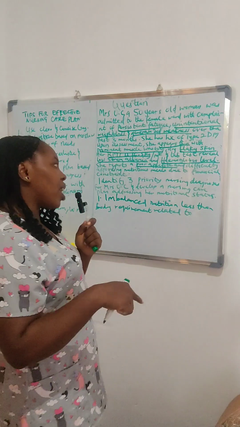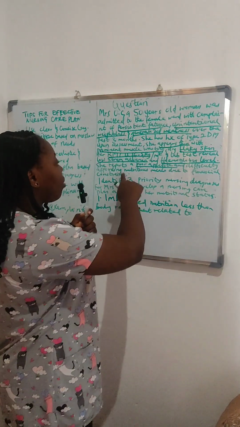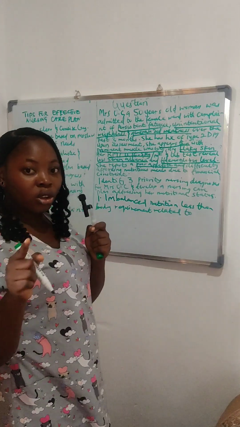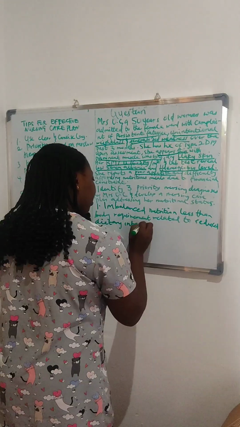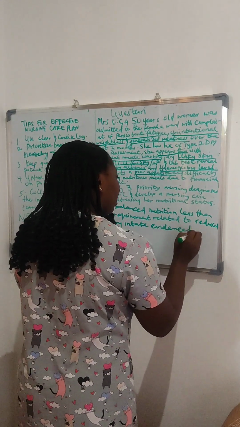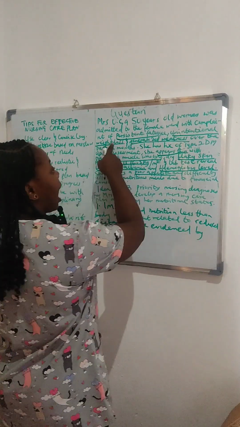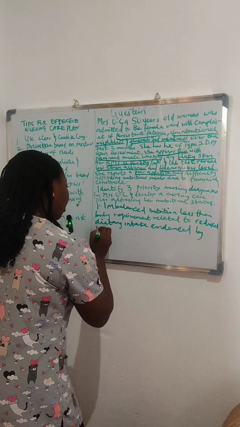You can go for loss of appetite, but the problem our patient has is not even loss of appetite. She cannot even afford it. So you can put related to reduced dietary intake, evidenced by unintentional weight loss. So, evidenced by weight loss.